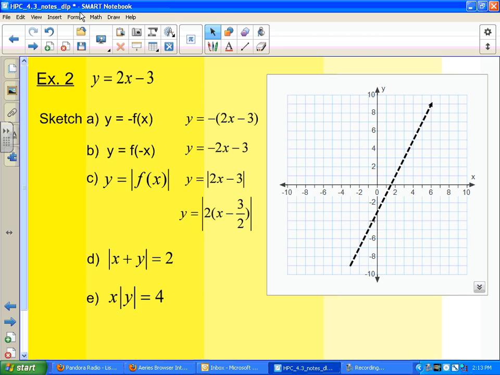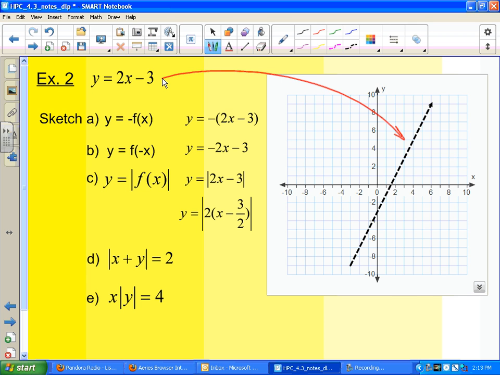So here's our equation for y equals 2x minus 3. Just a linear function, and now we're going to base all of these changes off of that. Our first change for A, notice it says the opposite of the function, or a negative on the outside, means we're going to reflect everything vertically.